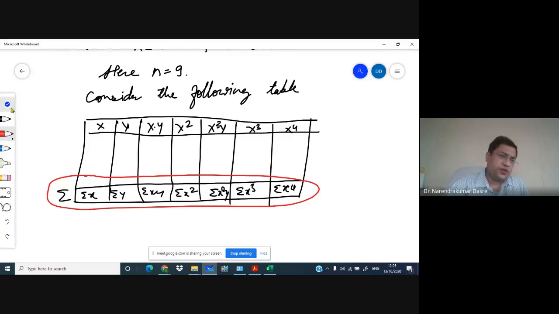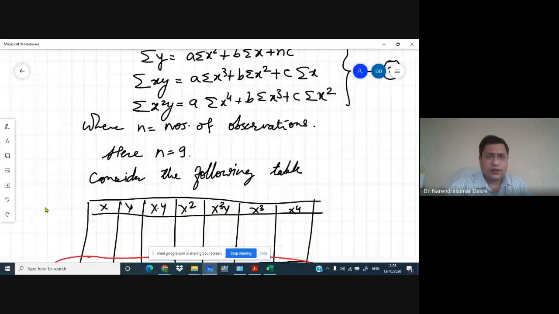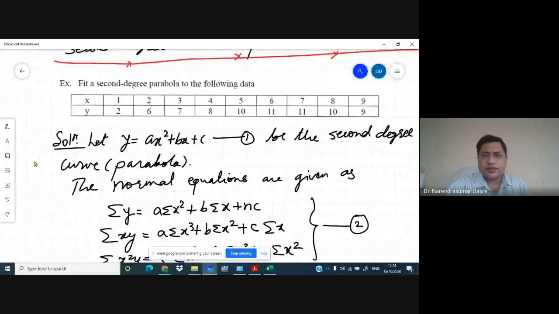So we are interested in all these sums. Once we have this data, let us calculate this table. Please note down this data and then calculate the table with me. You can see the x data is 1, 2, 3, 4, 5, 6, 7, 8, and 9.